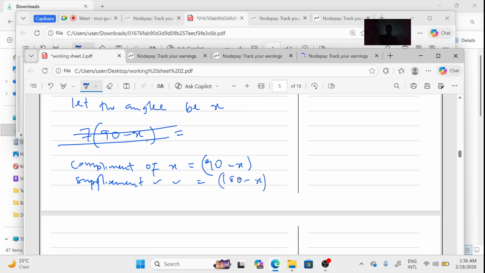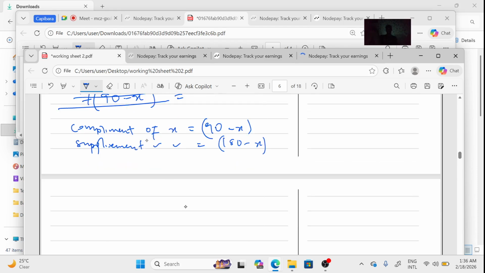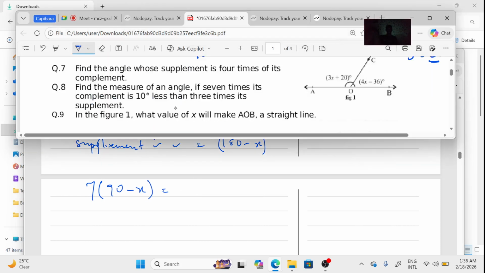Do you agree, Shemilore? Yes, I do. So they're telling me that 7 times the complement is 10 less than 3 times the supplement.